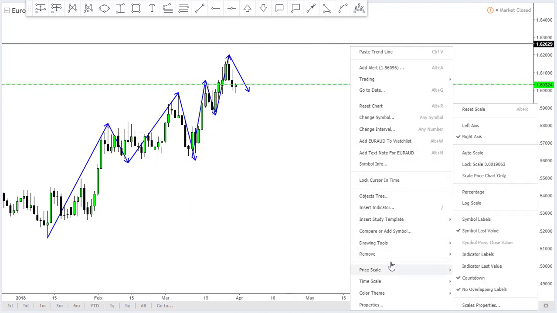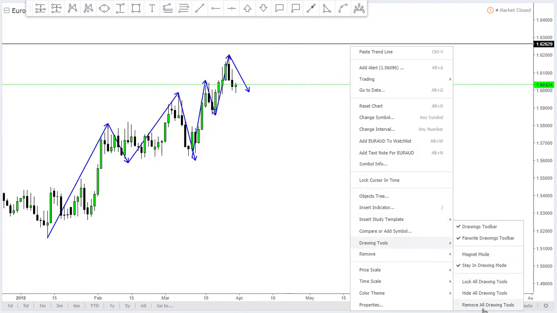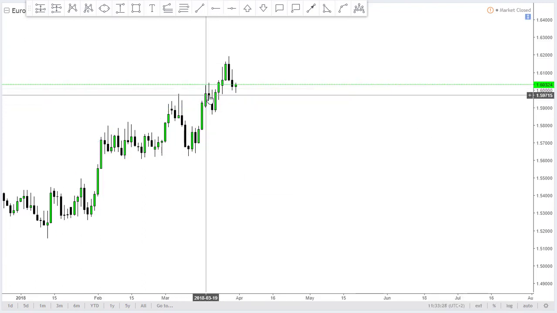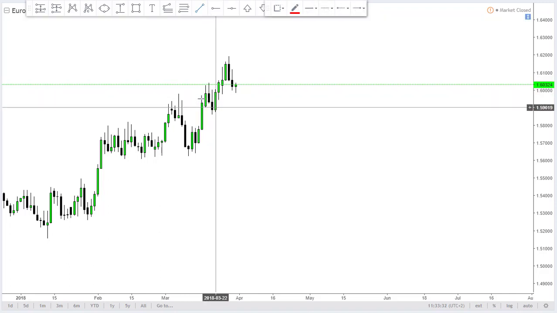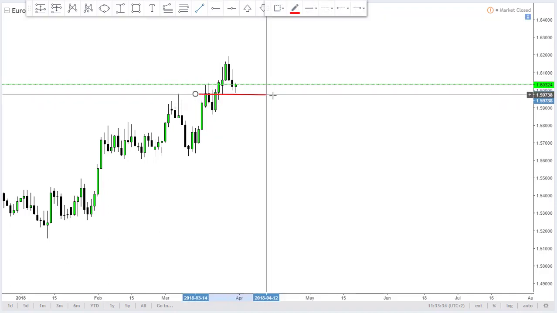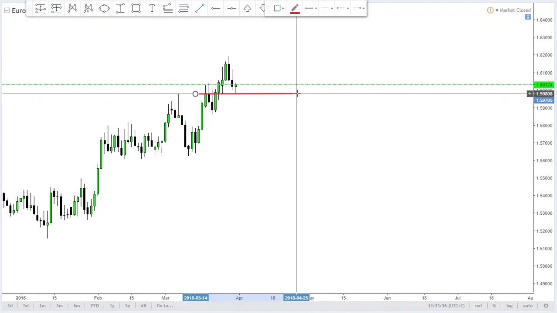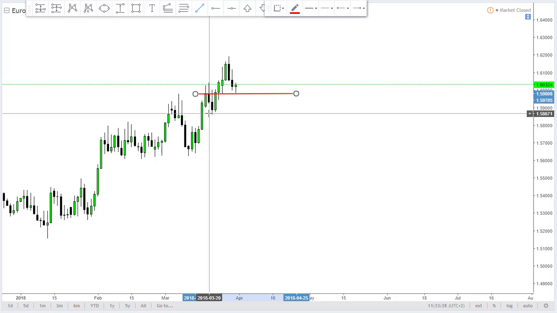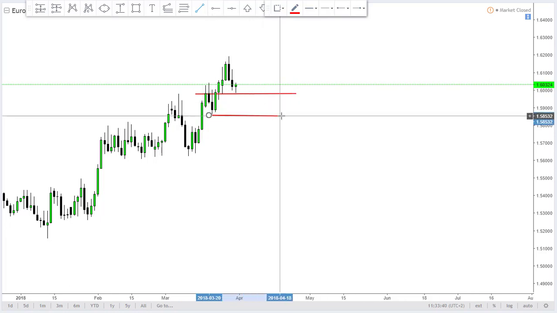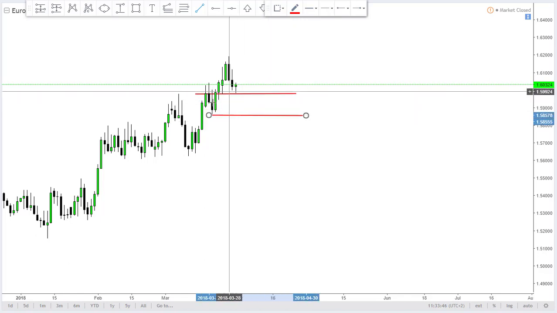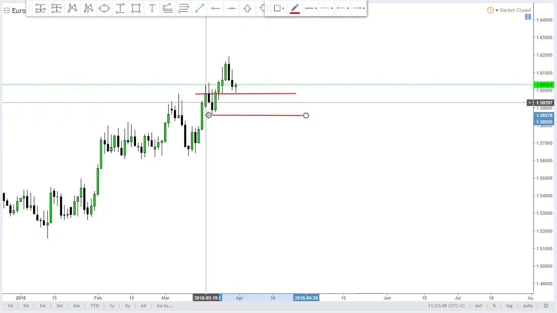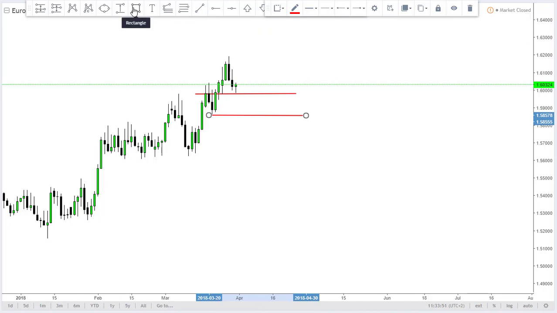As we have been retracing back to our previous resistance, my initial kill zone would start from this previous resistance right here, and if price doesn't break these lows right here, then we still have a valid buying opportunity in this zone right here.